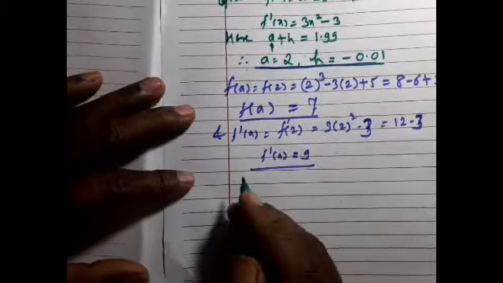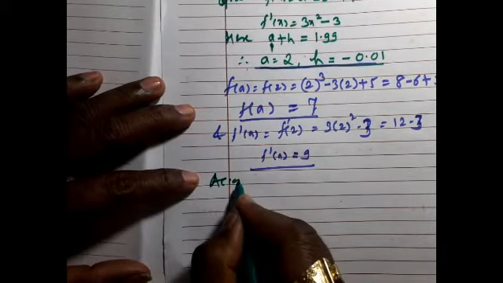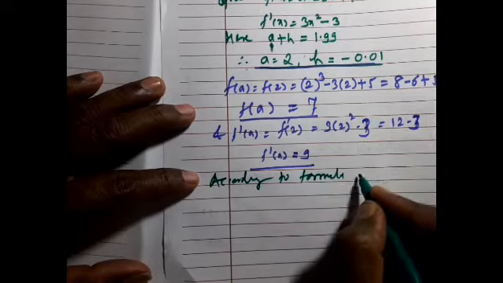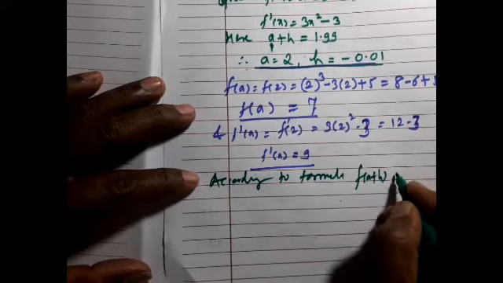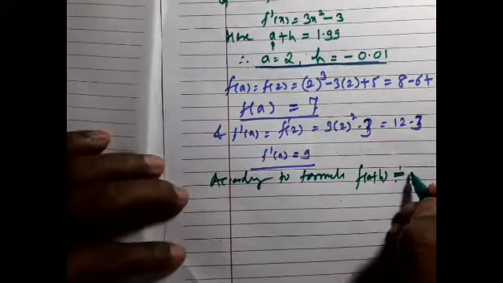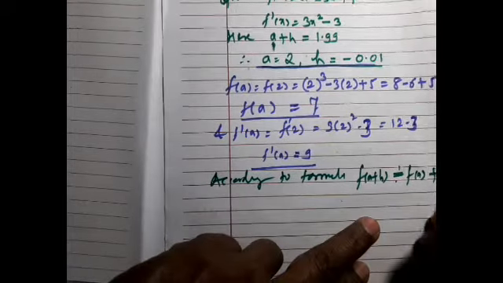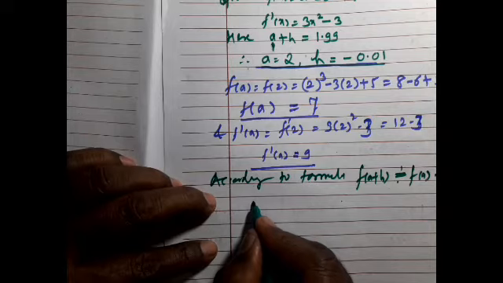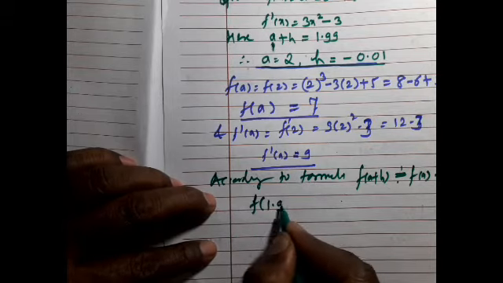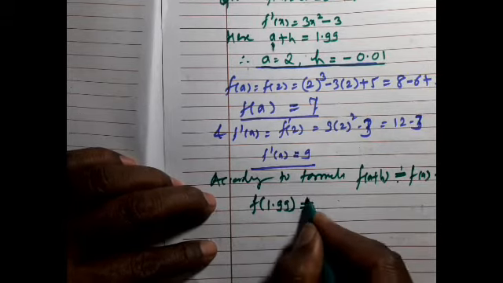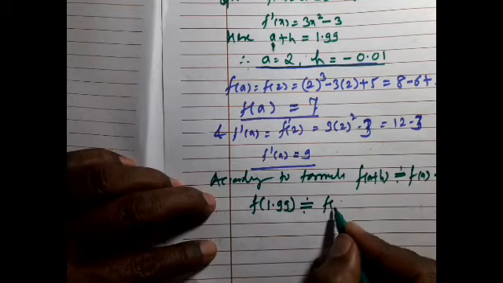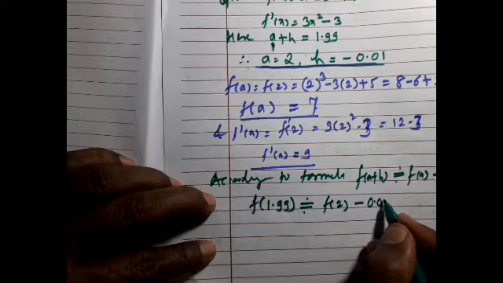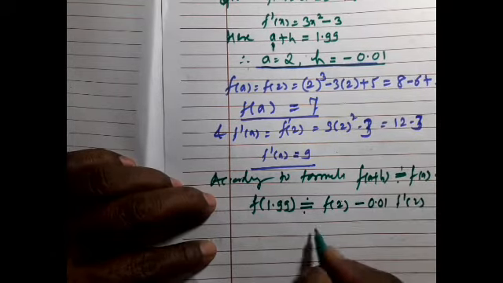According to the formula, f of a plus h is approximately equal to f of a plus h f dash a, that is f of 1.99 is approximately equal to f of 2 plus h, minus 0.01, into f dash of 2.